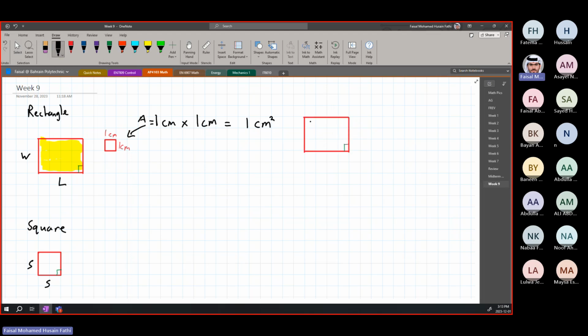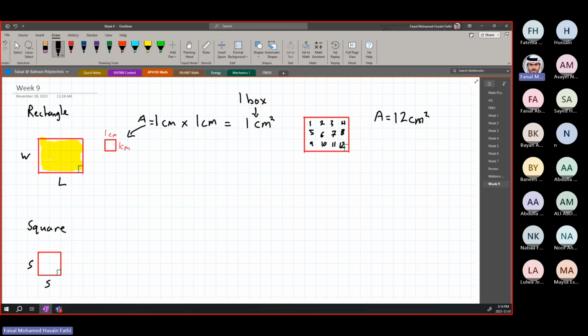So we have 1, 2, 3, 4, 5, 6, 7, 8, 9, 10, 11, 12. So we can simply say the area in this case, because we know that for one box, it's 1 centimeter squared, so for 12 boxes, it will be 12 centimeter squared. So that's the area of this shape.